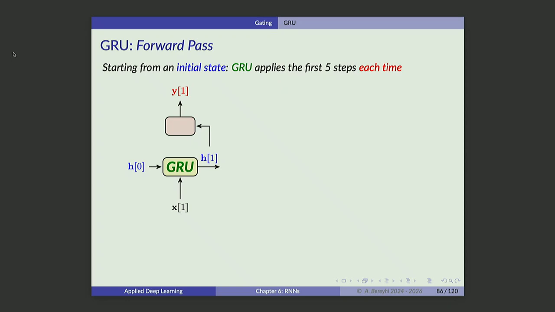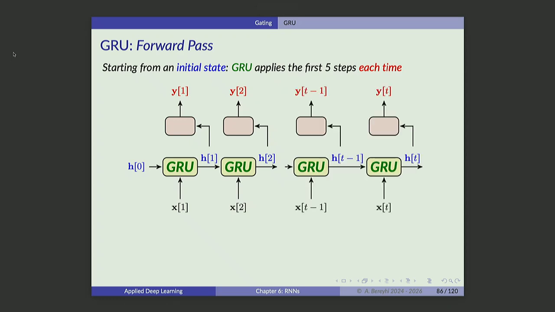Your initial state, you initialize it, for example, randomly, and the first entry in your sequence goes inside the GRU. All of those computations I told you about happen, and you get the first hidden state. Then you pass it again to the same GRU, look at the next input, and compute the next hidden state. It keeps on going towards the end.